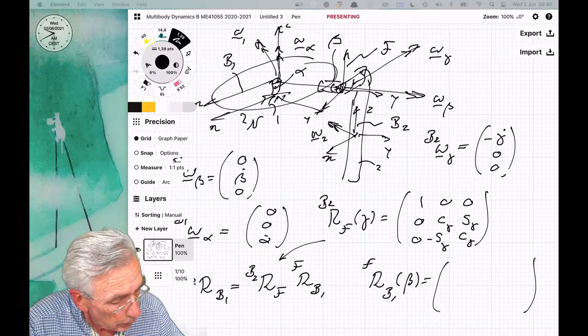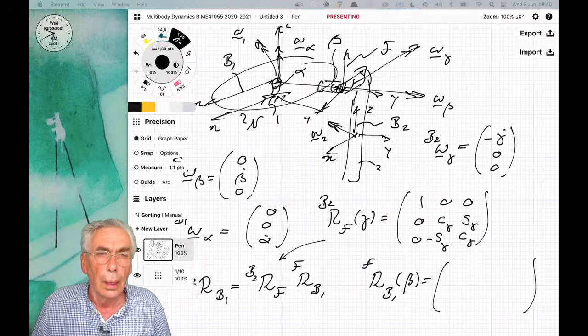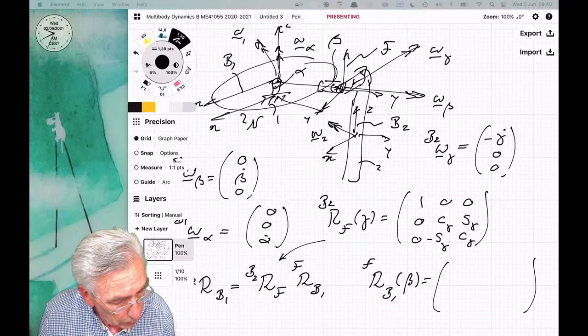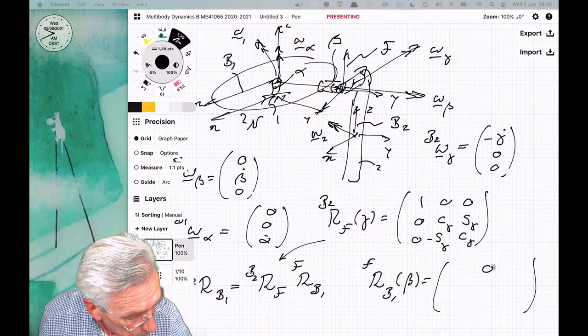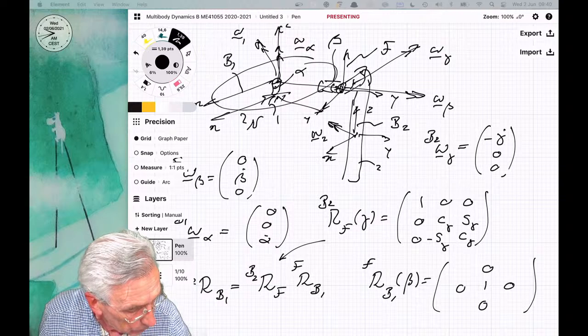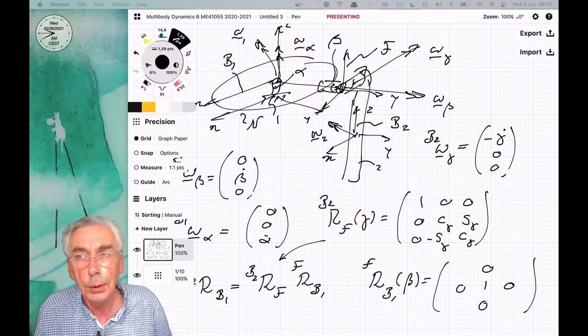And then what changes with the beta? What changes with beta is that's about the y-axis, so nothing changes at the y-axis, so 0, 1, 0, 0, 0, right? Nice cross.